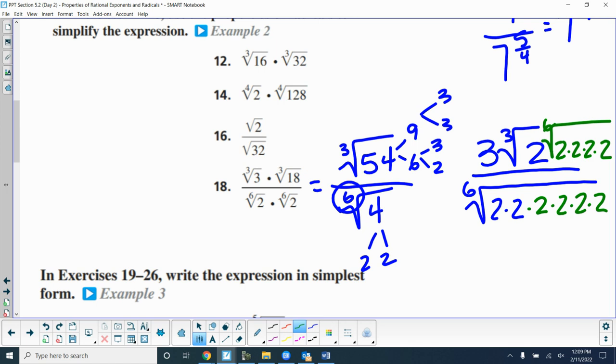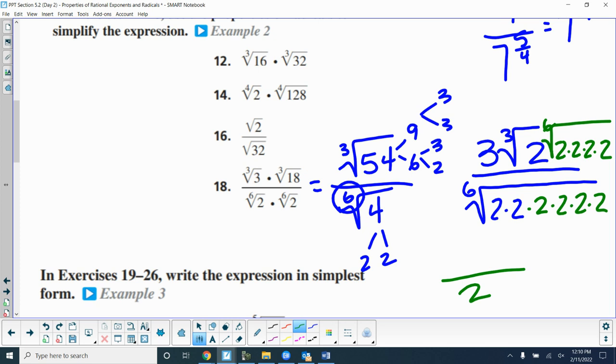Any questions? All right, so since I have 6 2s under a 6th root, what can I pull out? 2. The radical's gone now, right? And again, the reason I did that, we're not allowed to have radicals in the bottom. So the bottom is just 2. All right, so this is kind of weird looking because we got different indexes.